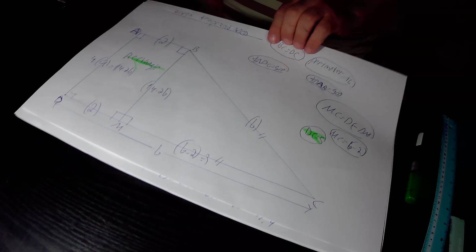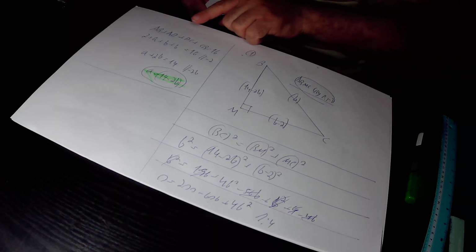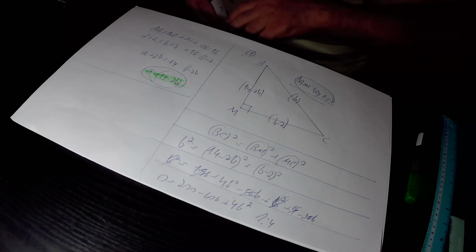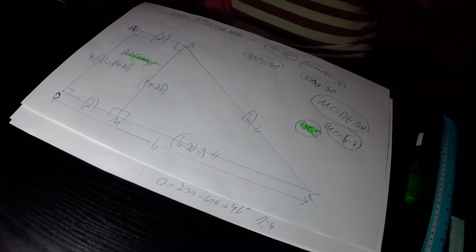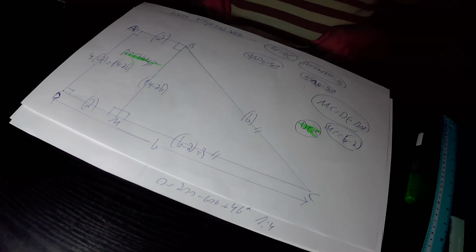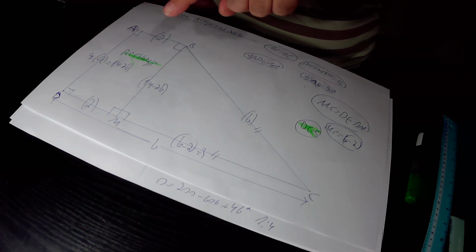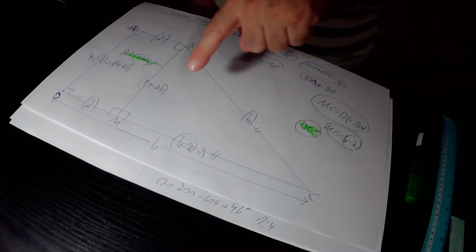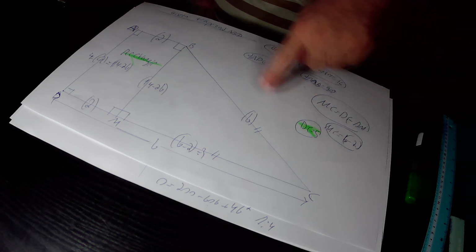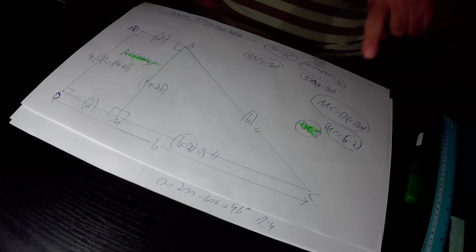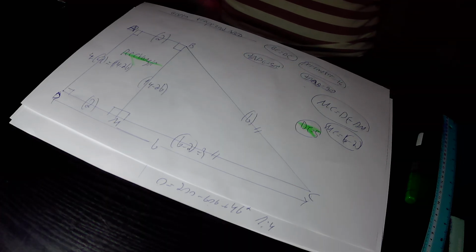That is to say, AB plus AD plus DC plus CB equals 16. AB is 2 according to what is given in the question. We define the length of side AD as A. We define the length of side DC as B. And because DC equals CB, according to the given equation, CB must also be equal to B in its length.